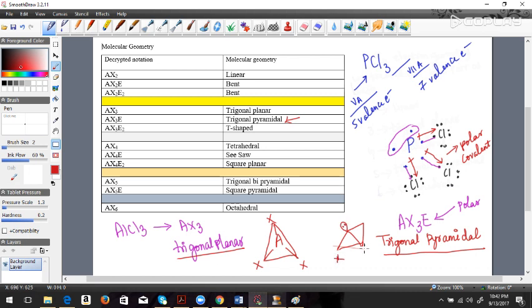You see the difference? They clearly look different. So the lone pair has an important role to play in terms of the molecule's polarity. AX3 is non-polar, whereas AX3E is polar, and this is something you may have to memorize. So it's trigonal pyramidal. Okay, let's look at a couple of examples.